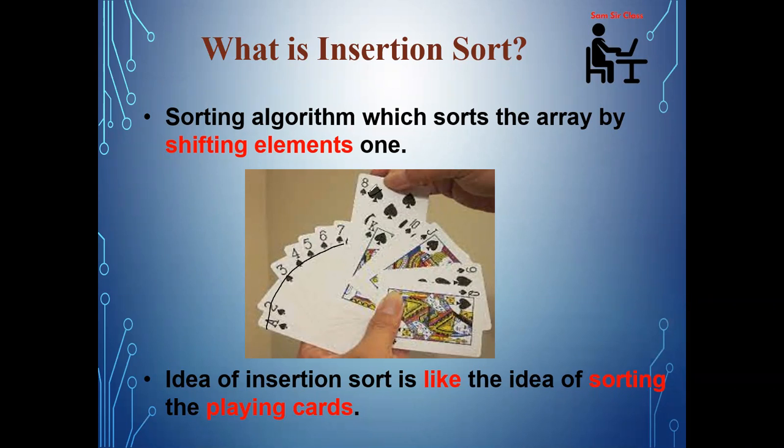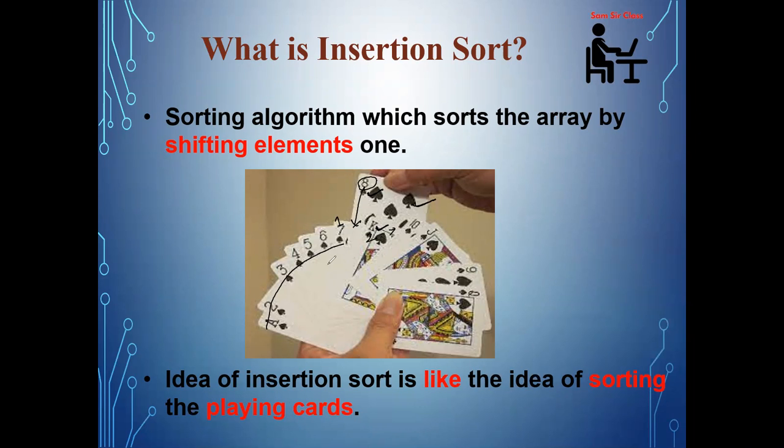Suppose I have randomly chosen an 8 card. Whenever I receive this new card, I'll compare from the left-hand side. 8 is greater than 2, so it should be present on the right-hand side. I check that it is greater than 7, so it should be on the right-hand side of 7. But it is less than this particular card, so it will be on the left-hand side of that card. So it should be inserted in between 7 and this particular card.